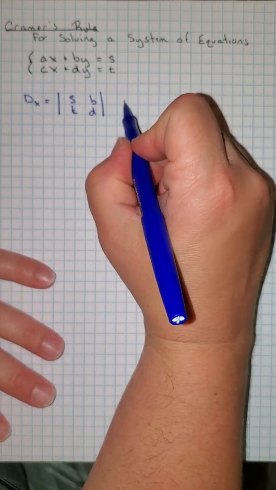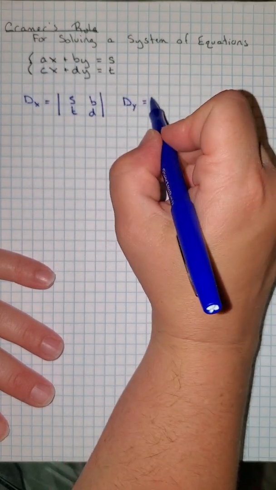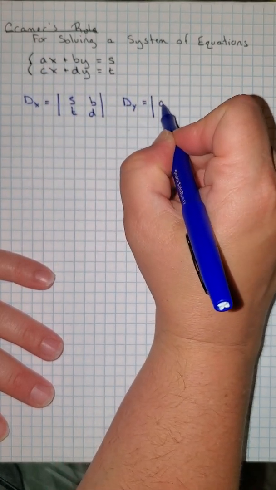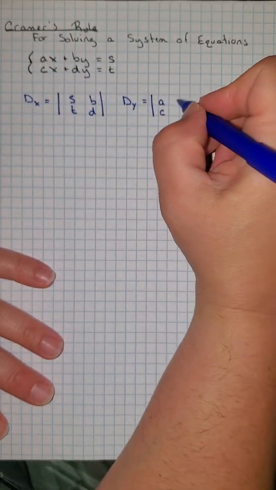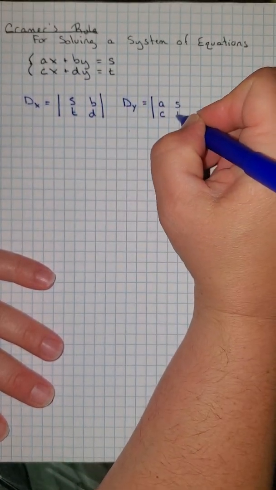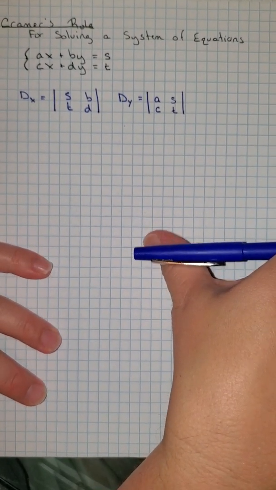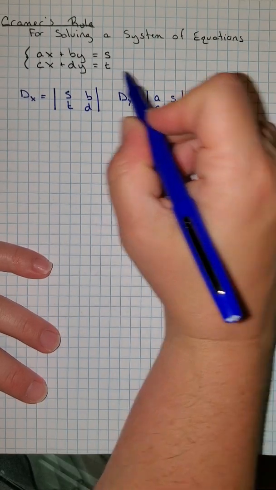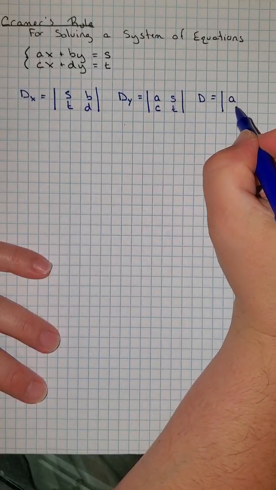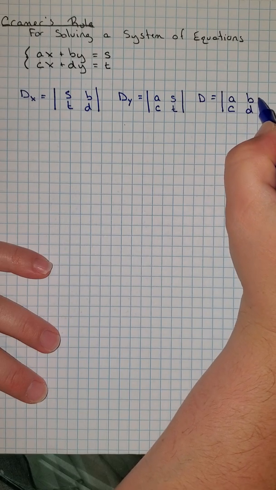D sub y is similar, except our x's will stay a and c, and our y's will get replaced with the s and t. And then finally, there's just the regular determinant, d, which is everything but the answers. So a, c, b, and d.